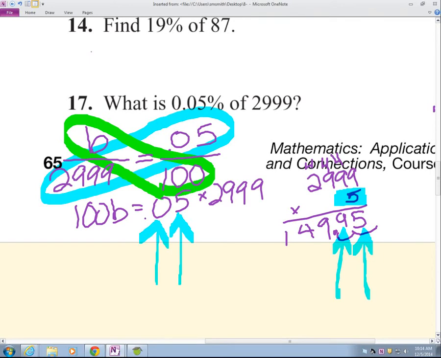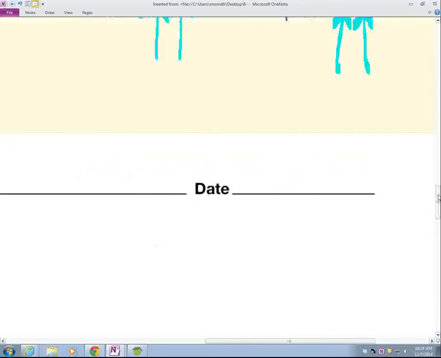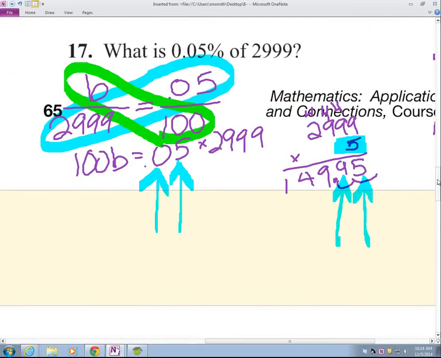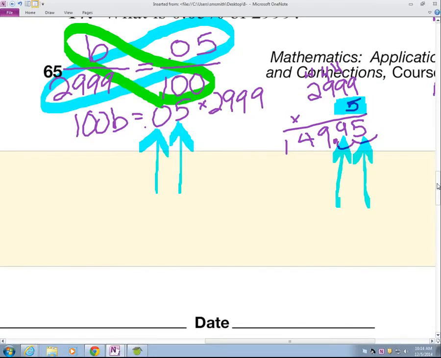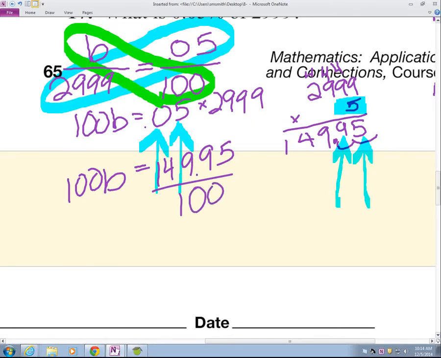So we have 149.95. Woo. We have 149.95. Now I have to divide that by 100. And I have it. What happens to the decimal point when you multiply by 100?